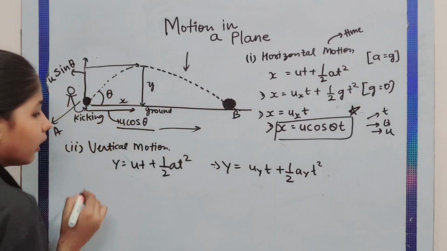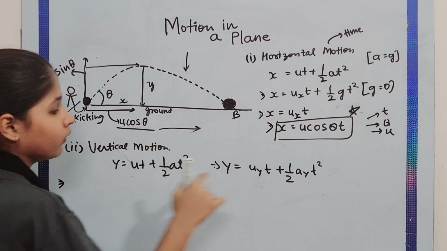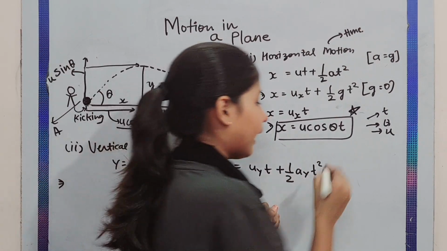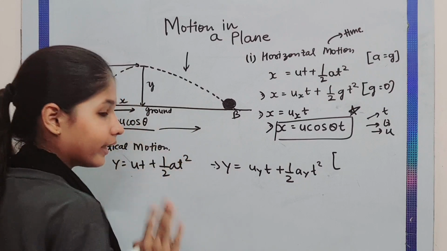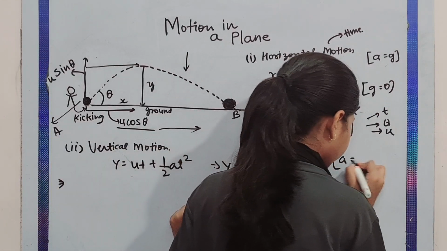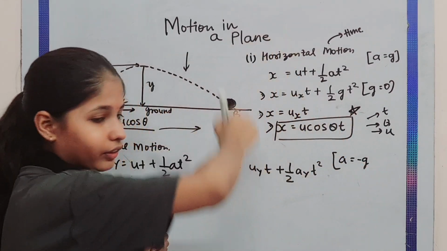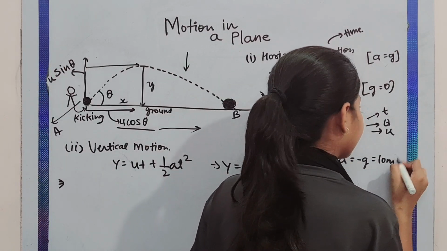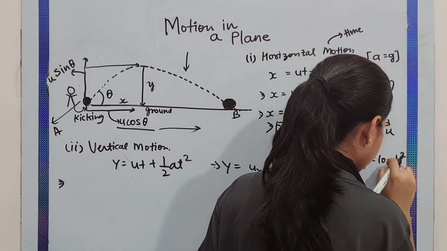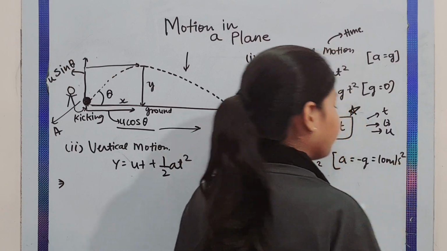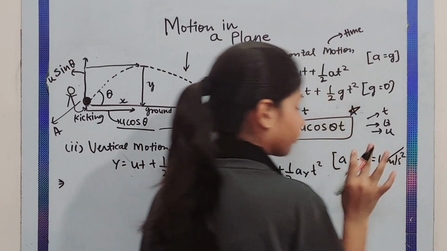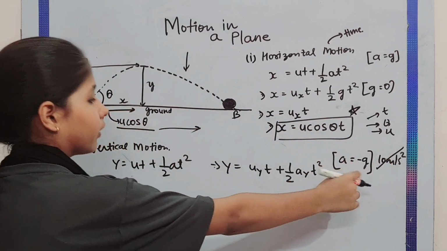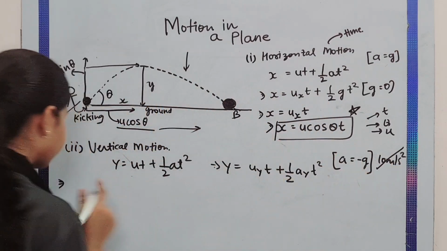Okay. Now here you can see that ay, as we know that here the gravity is exerting, so a is equal to minus g because it is exerting downward, so minus g, and it will be equal to 10 meter per second square. But now there is no use of this 10 meter per second square, only minus g. I am going to put this minus g value here.